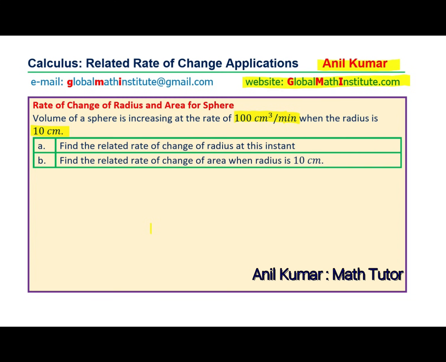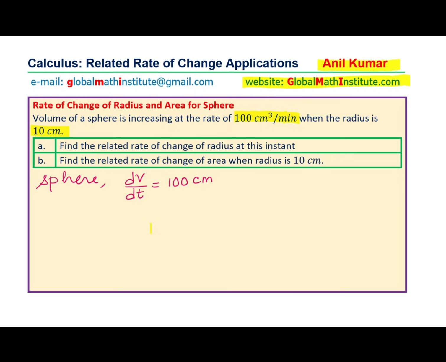Right. So, when we're talking about related rate of change, it is differentiation with respect to time. Let's write down what we are given. So, we are considering a sphere where the volume is increasing at the rate of, so dV/dt is 100 centimeter cube per minute.